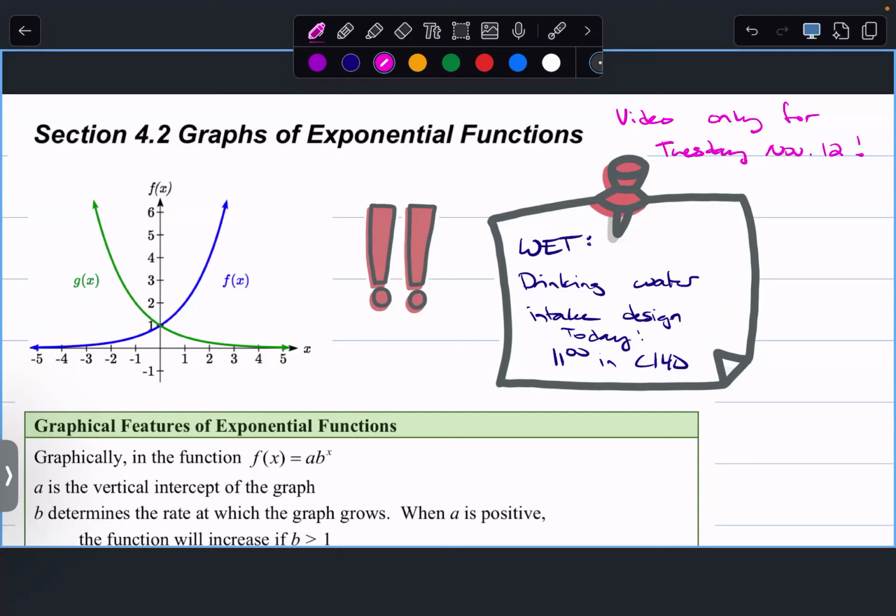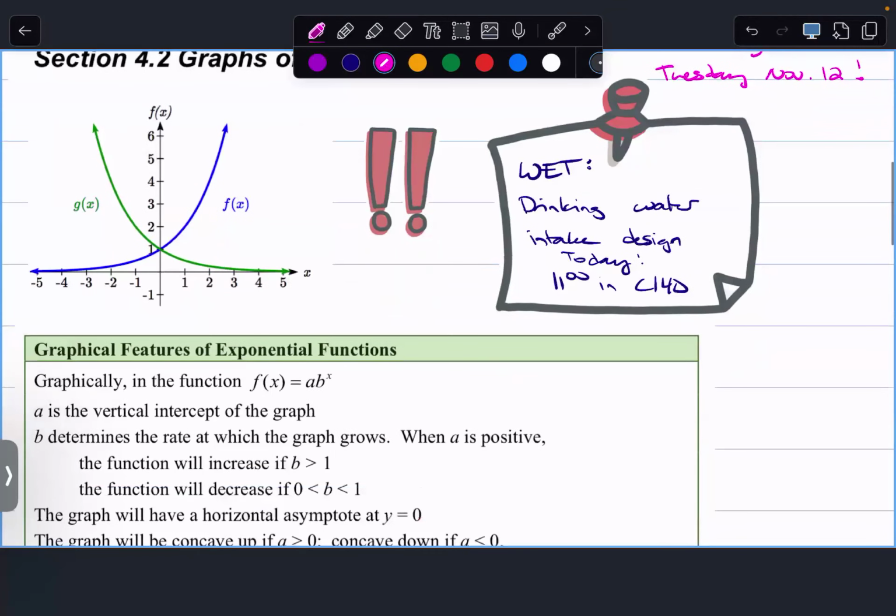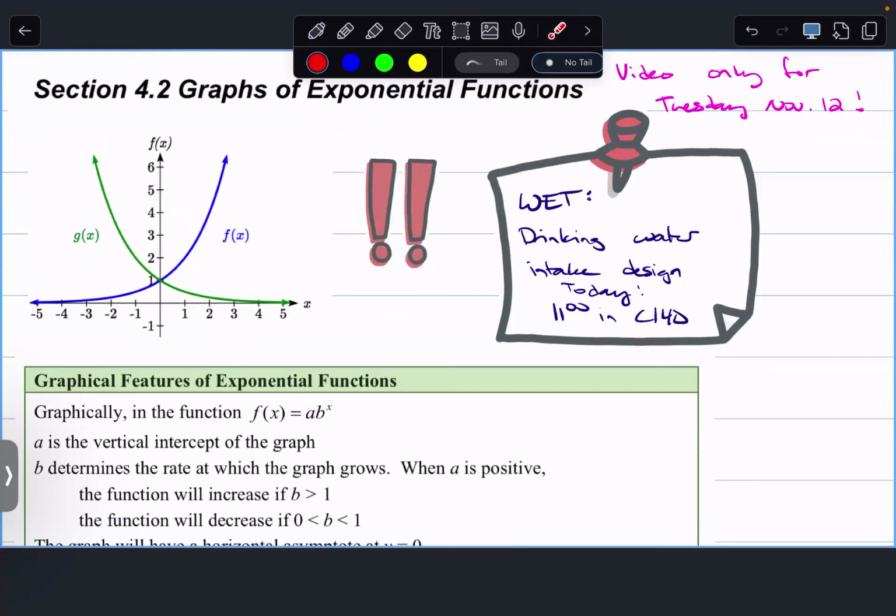Okay. We talked about exponential functions last day. We had some key features. Now I have to kind of remind myself here. We can have an exponential growth function like this, where it's growing, or we can have an exponential decay function like the green one here.